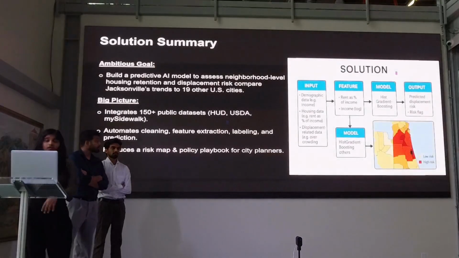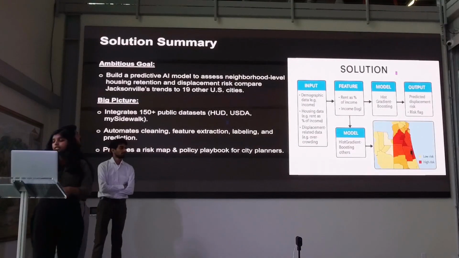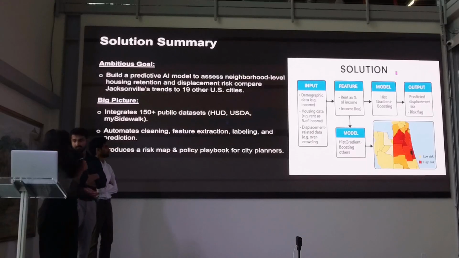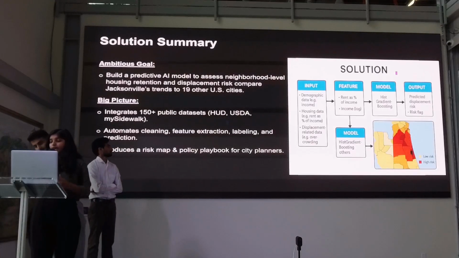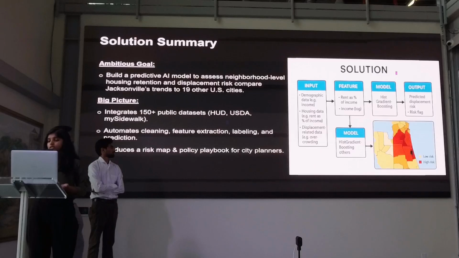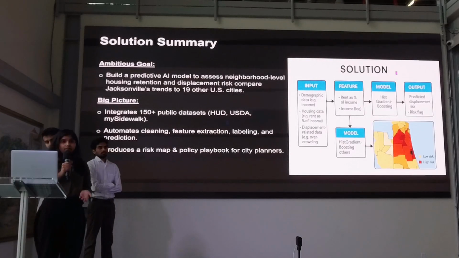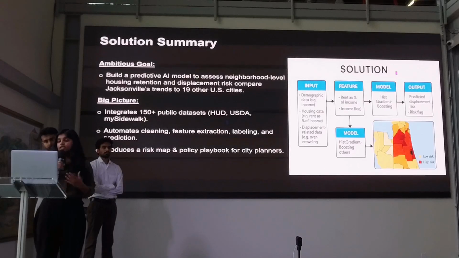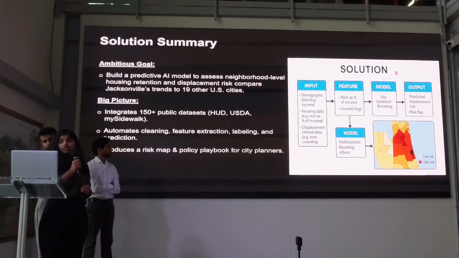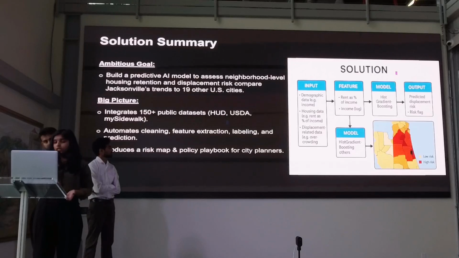Coming to the solution summary, to solve this problem we built an AI model to measure the risk of housing displacement for every neighborhood and to compare Jacksonville's trends with 19 other US cities.